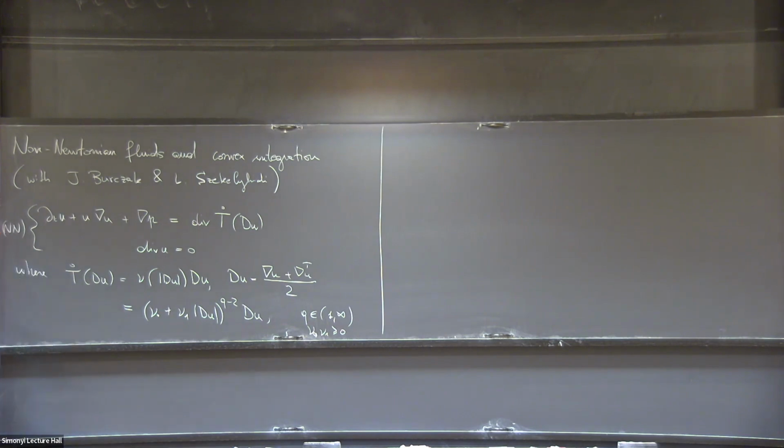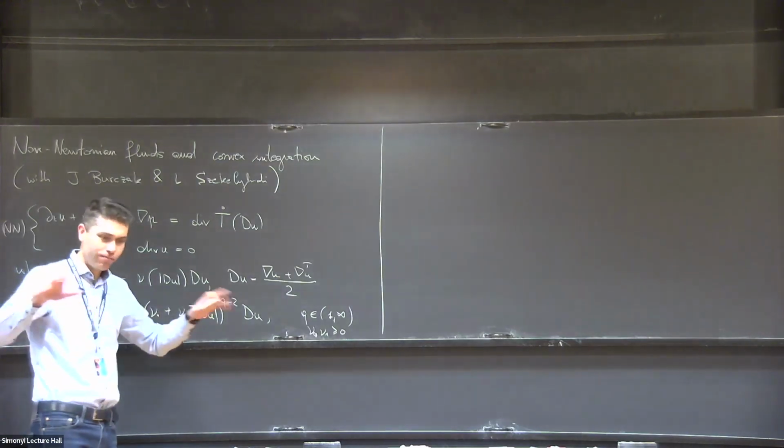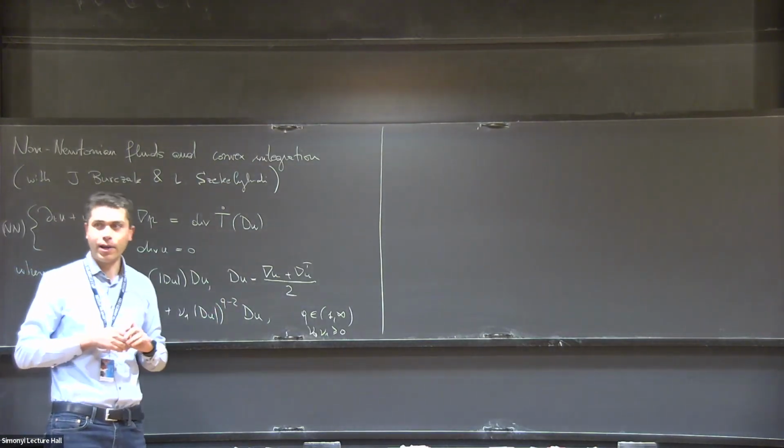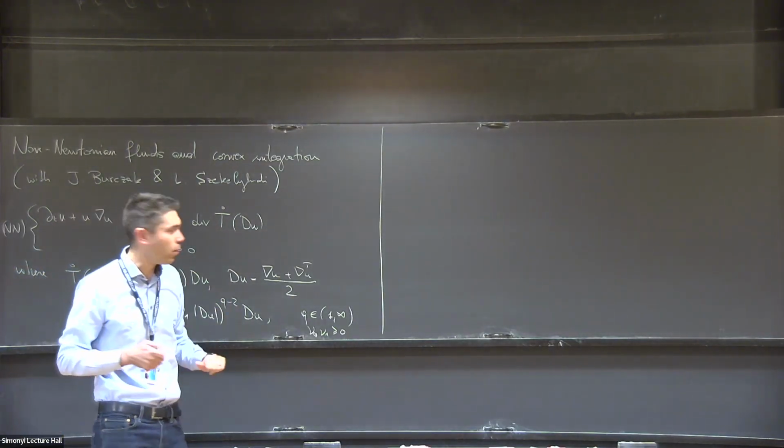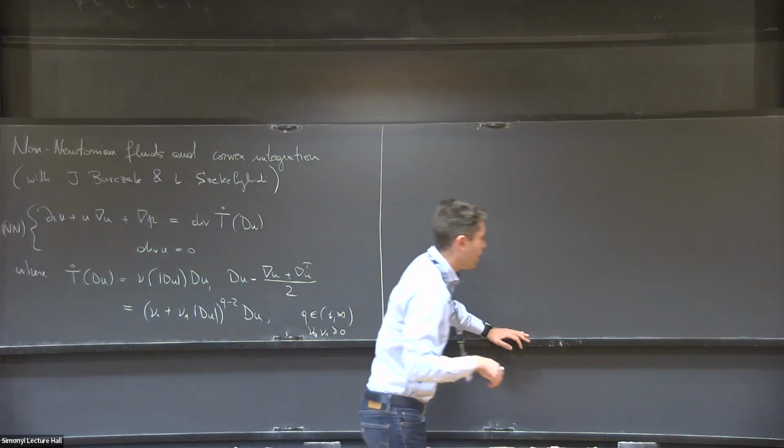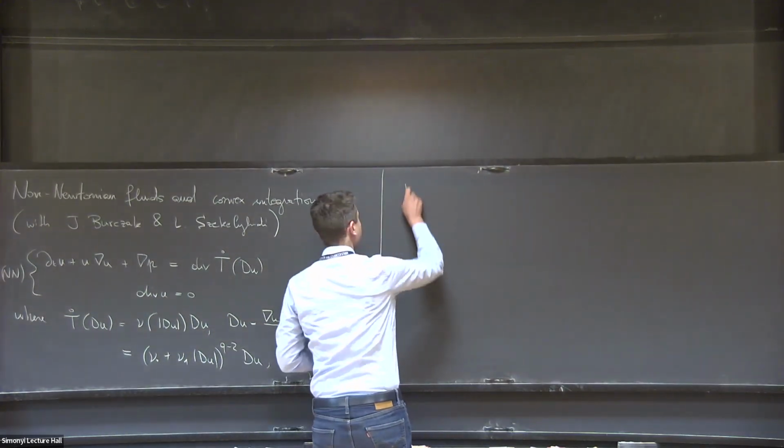First of all, let me give you some sort of motivations why one wants to study this kind of equations. I will give two types of motivation, mathematical ones and more physical ones, hopefully. So let's say motivations.